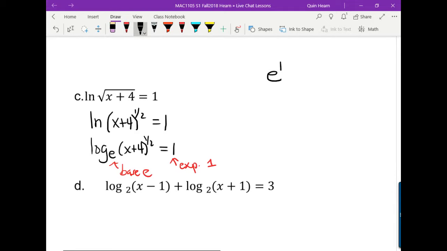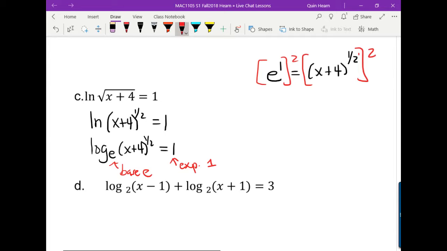Okay. Part C, we have the natural log of the square root of x plus 4 equals 1. And what do I always tell you in class? When you see a square root in a log, change it to an exponent. So this is going to be the natural log of x plus 4 to the 1/2 power equals 1. And we're not going to bring the 1/2 out front because I want to just go ahead and rewrite this in exponential form.